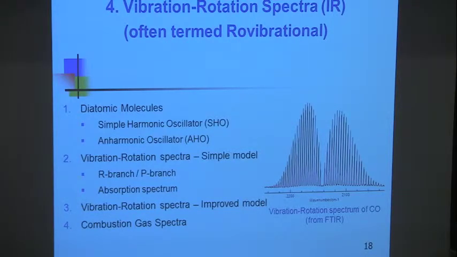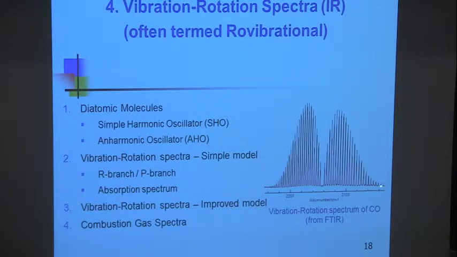Now we're going to go to vibration. The reality is, if you measure, say, the emission spectrum or the absorption spectrum of carbon monoxide using what we would call a Fourier transform infrared spectrometer, FTIR, we would find these lines, in wave numbers. So this is 4.5 microns.